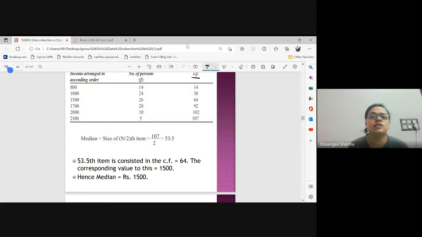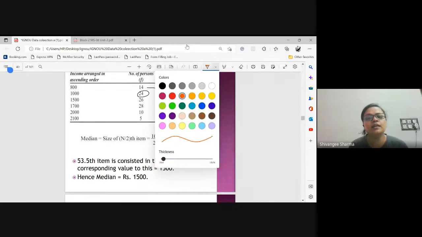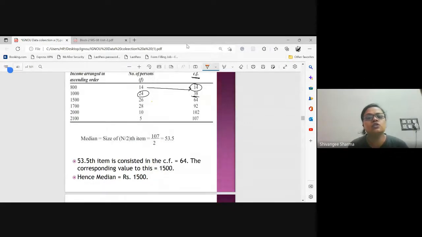How is this cumulative frequency calculated? We just add the corresponding frequency. First frequency will be 14 only. This 38 is by adding 24 to 14, right? Then the value 64 is there by adding 26 to 38.